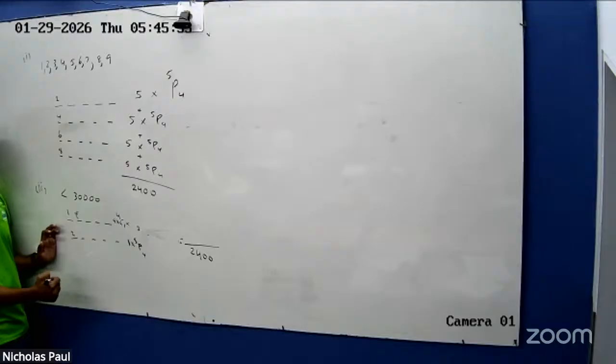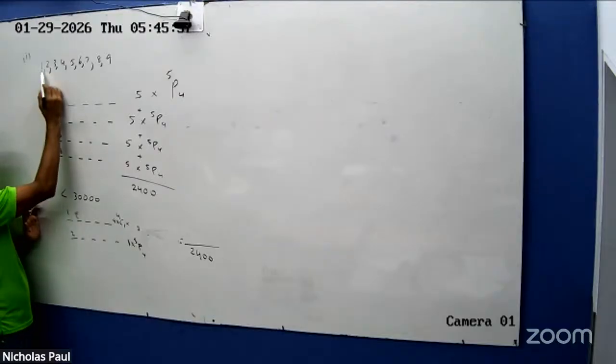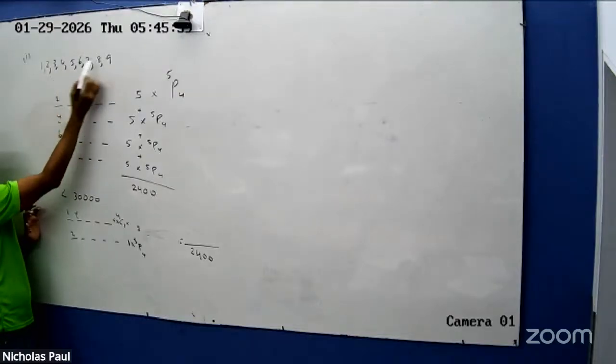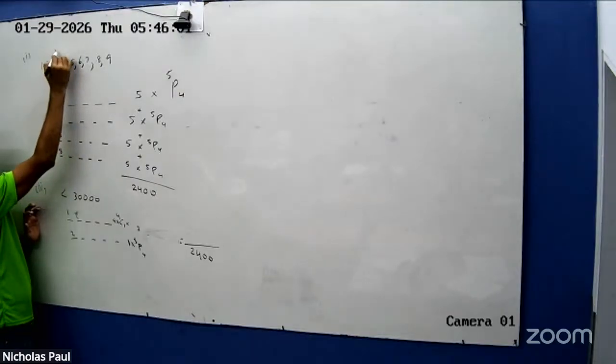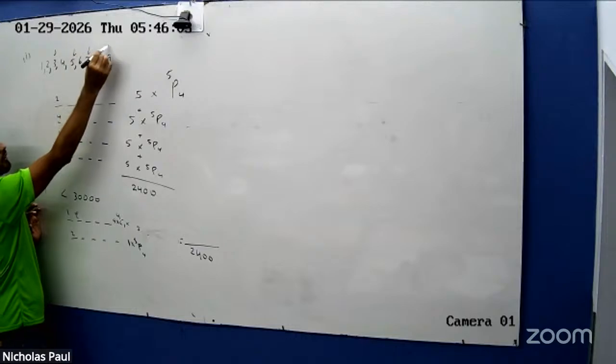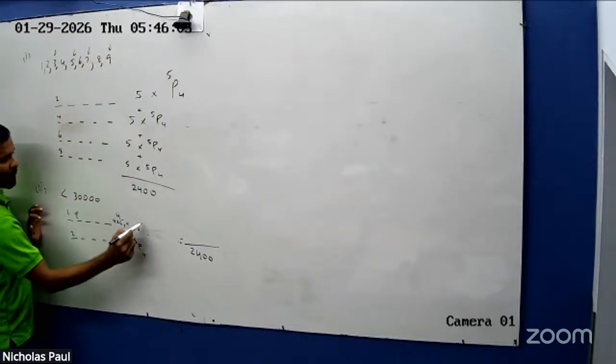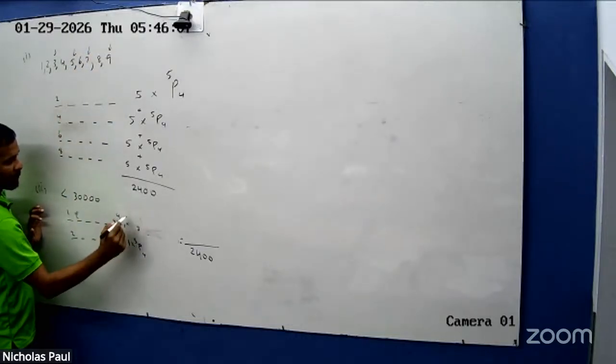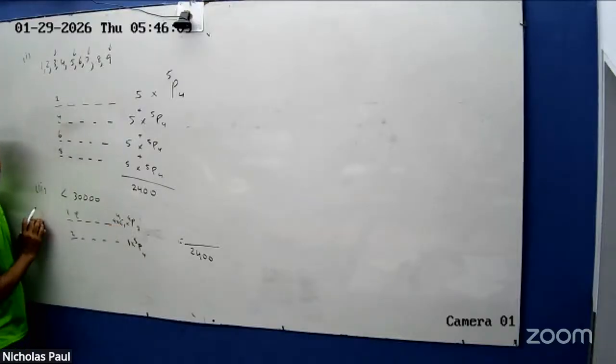How many am I choosing from? 1 is gone, all the even are gone. So I'm choosing from 3, 5, 7, 9. So I have 4 numbers, and I'm going to choose 3. All with me? Victoria, you sure?